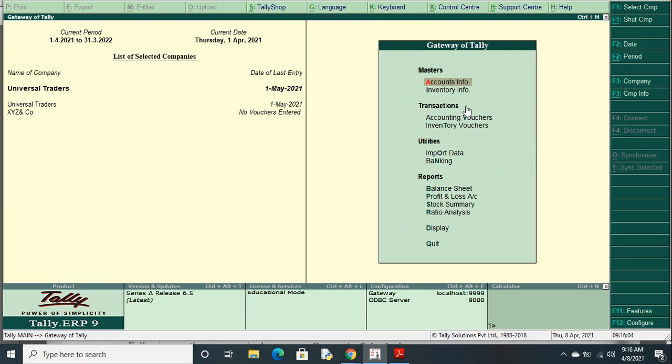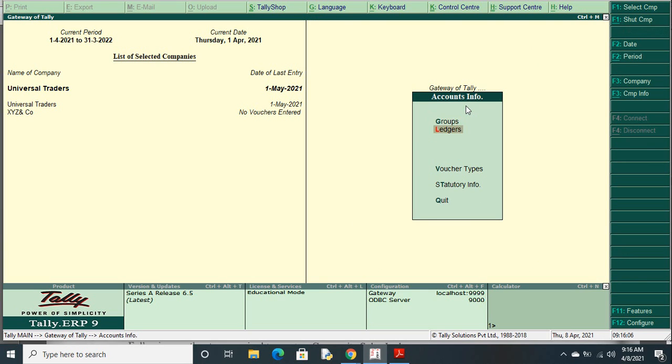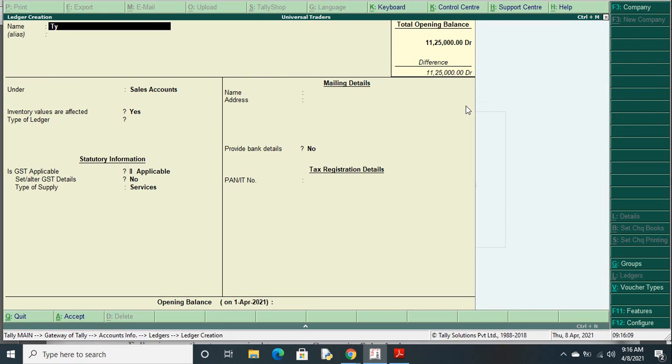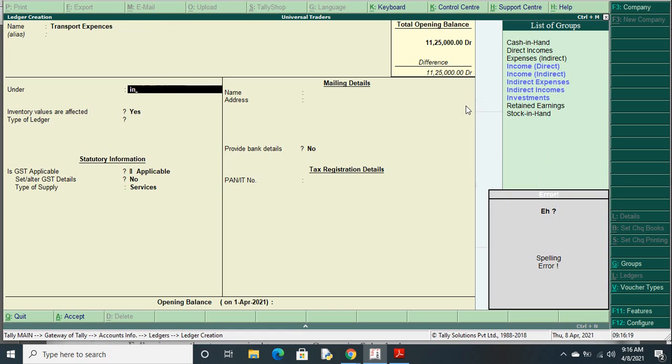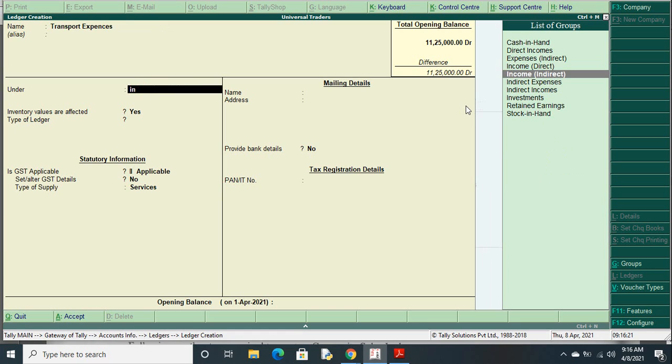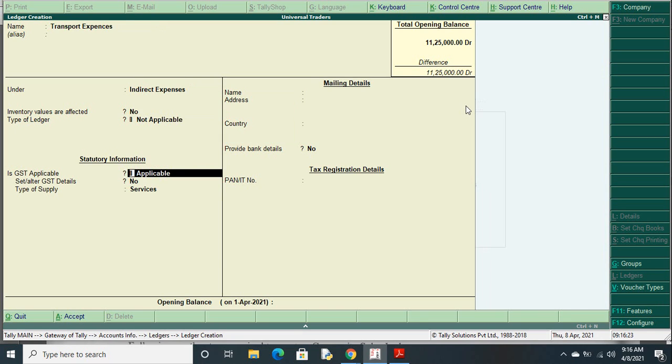Next we have to create one more ledger, that is transport expenses under indirect expenses. It is not applicable.